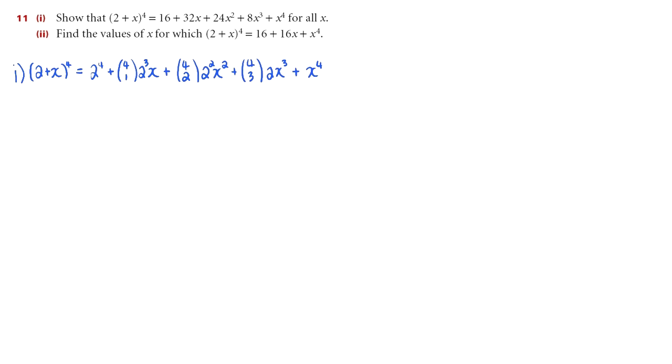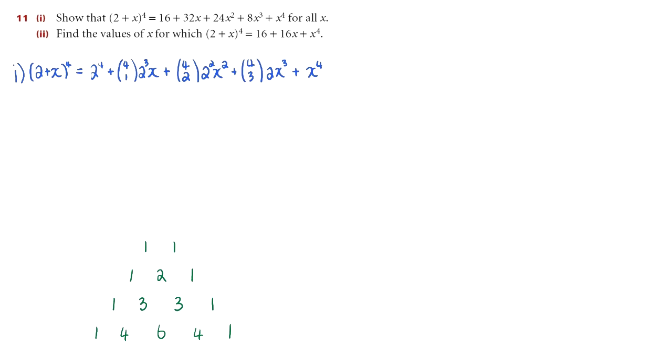Now we need to solve these combinations, 4C1, 4C2 and 4C3. We can use factorials to do that, but since it's such a low number, we can just quickly draw up a Pascal's triangle and let that help us. So here we are, and we look at the row which starts 1, 4.